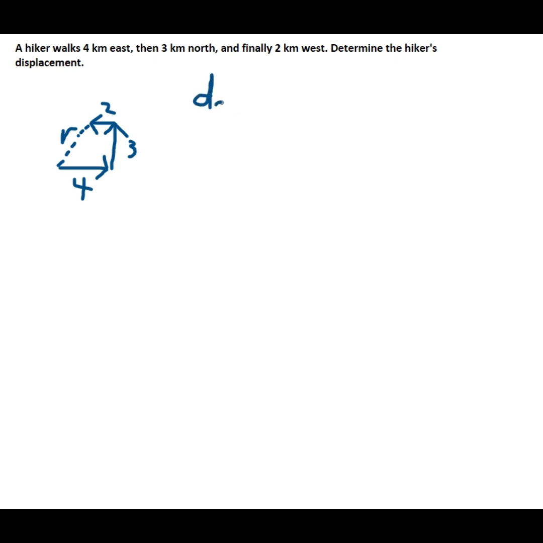So for the x components, letting east be positive and west be negative, we have 4 plus negative 2, which means that the net distance traveled in the x direction is 2 kilometers.